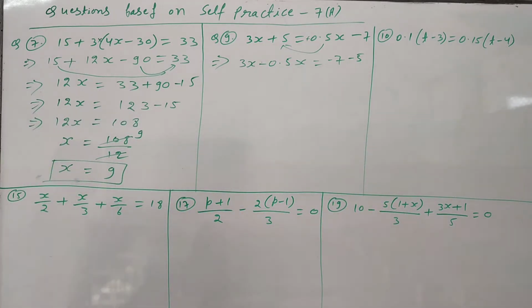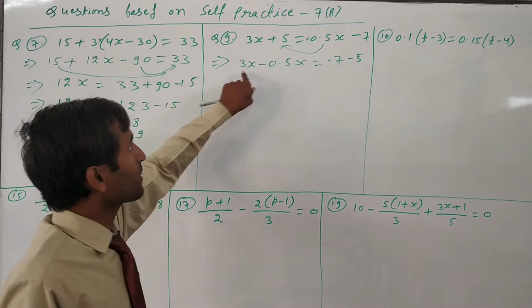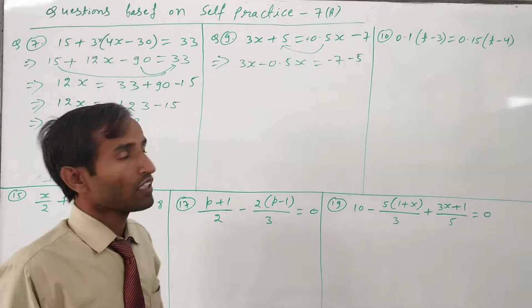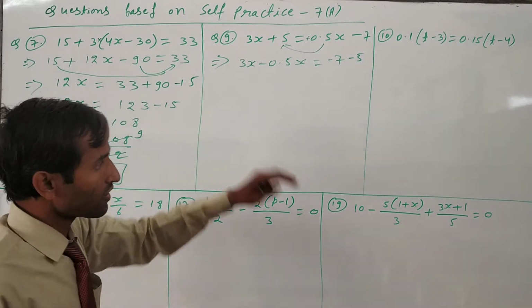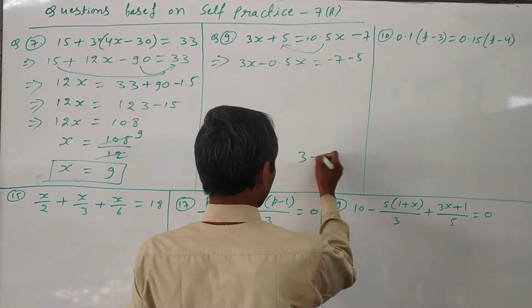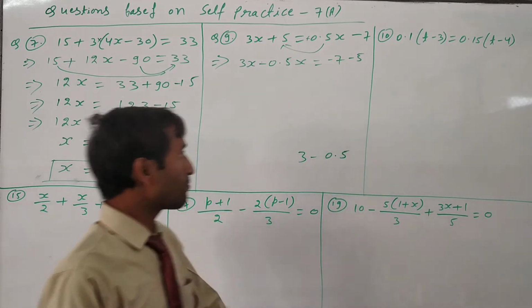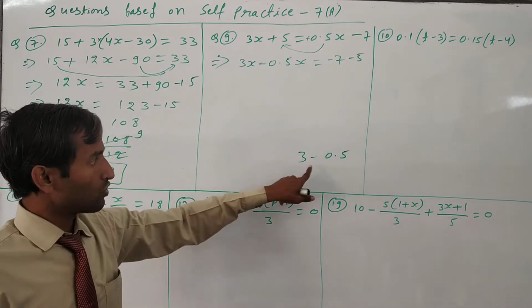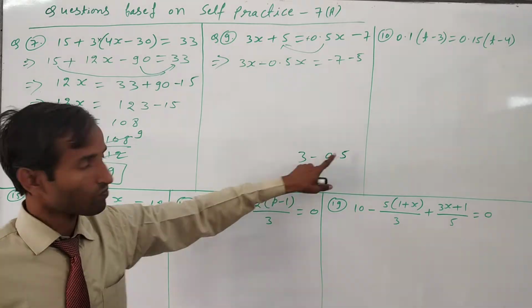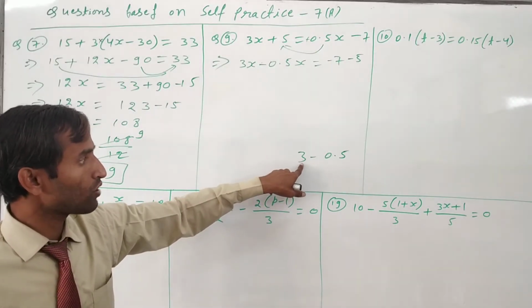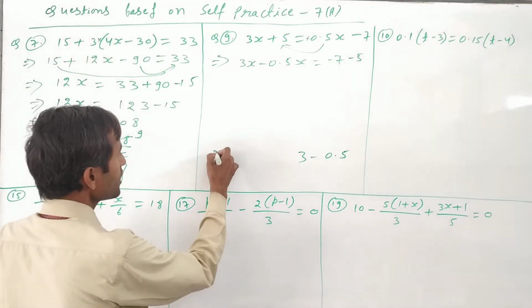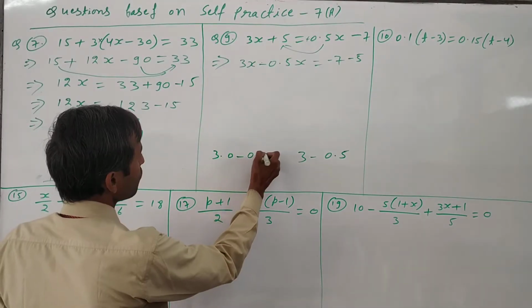Now you have to subtract. How will we subtract 3 minus 0.5? Just write down how we are subtracting 3 minus 0.5. This one is an integer and this one is a decimal, so we can convert it into like decimals: 3.0 minus 0.5.